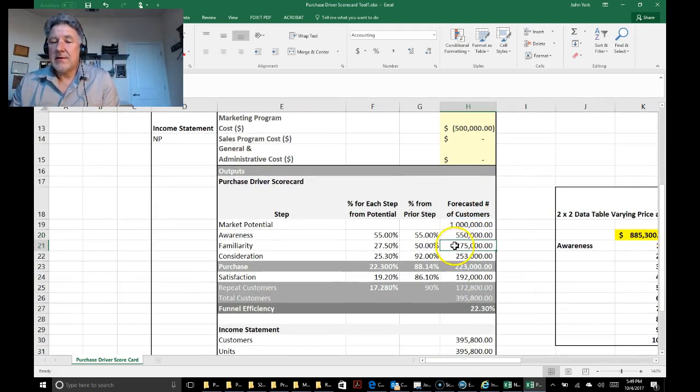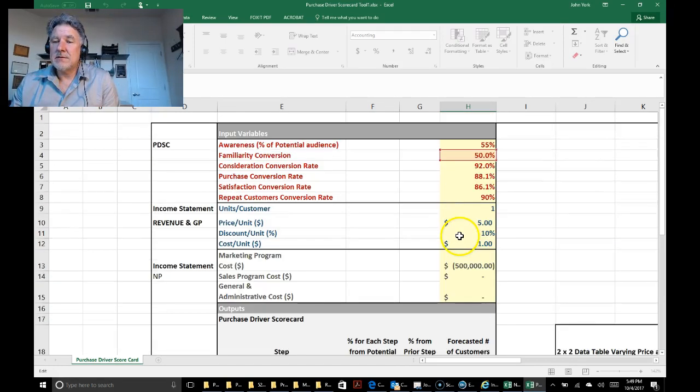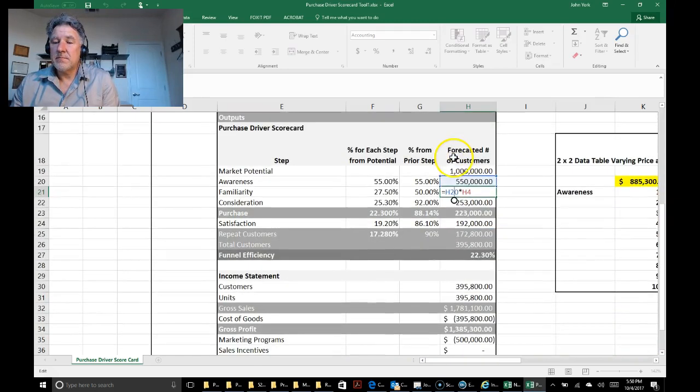Then familiarity ties back. Remember, we're going percentage of the previous step. See, it ties to awareness, which goes to consideration, familiarity conversion.